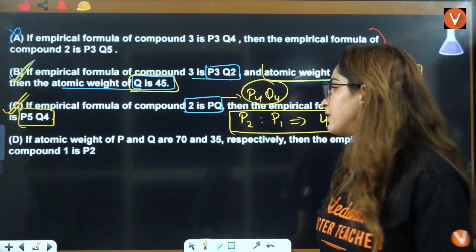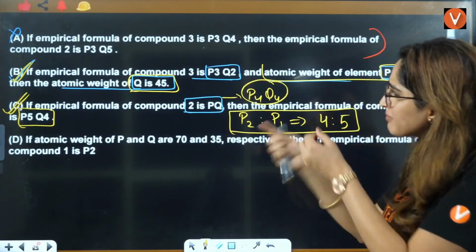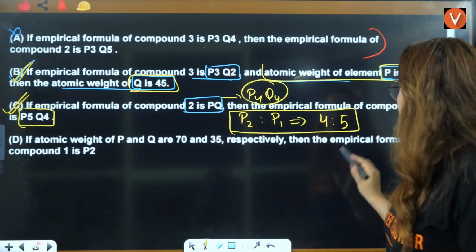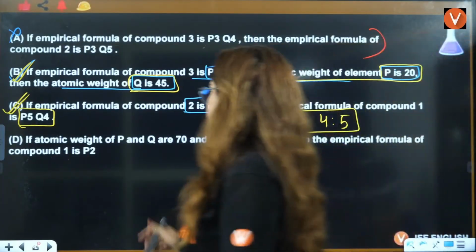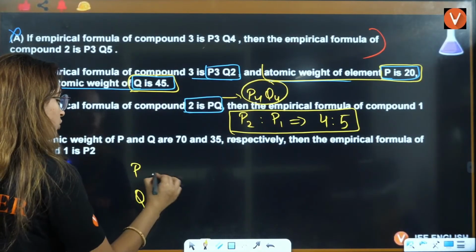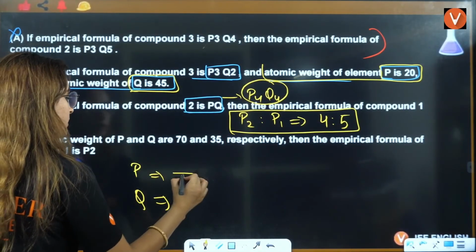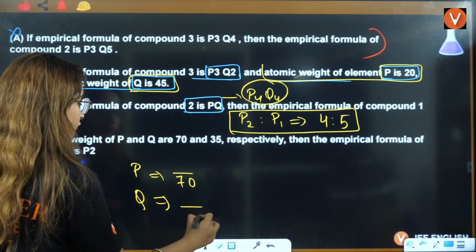The fourth statement will be: if the atomic weights of P and Q are 70 and 35 respectively, the same thing that we did in B, then the empirical formula of compound 1 is P2Q. Atomic weight of P is 70, and Q is 35.